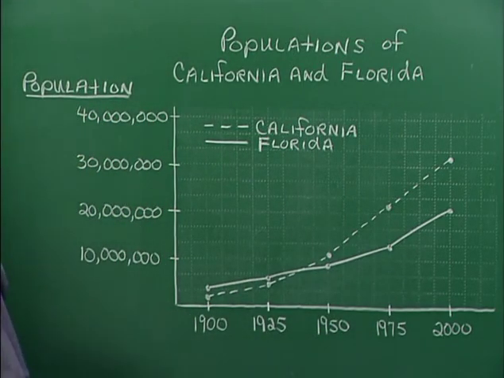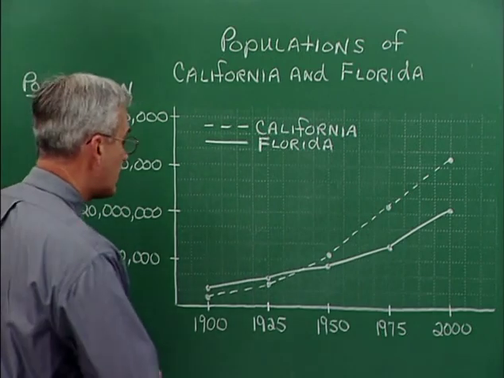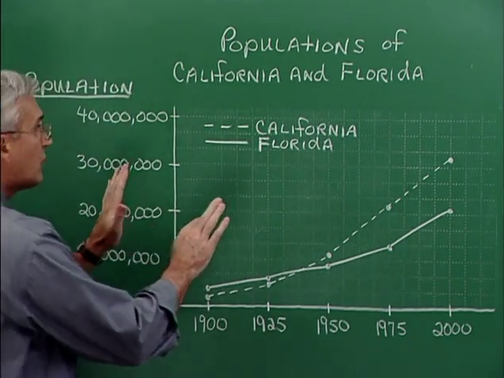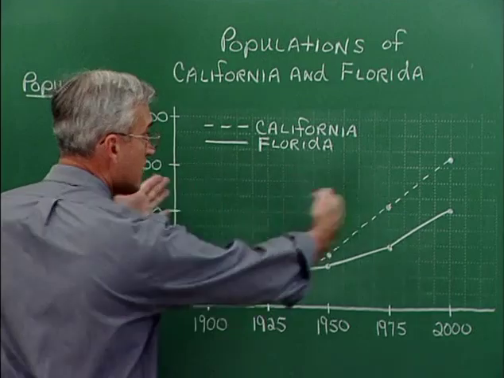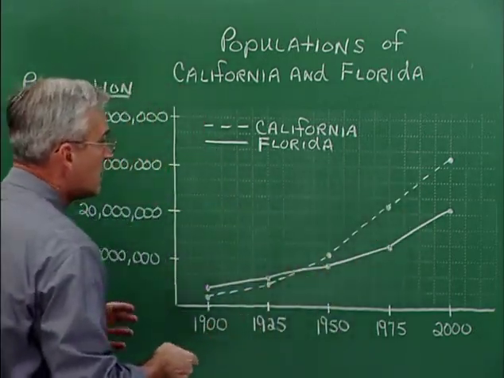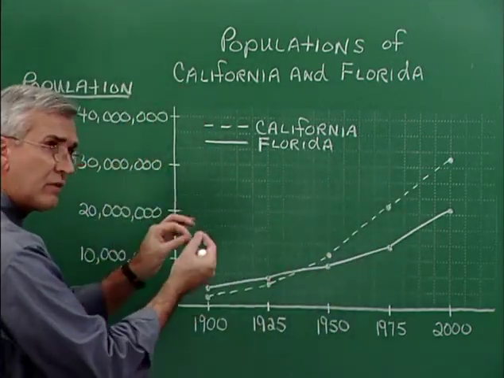What we're noticing is that the population in both states is increasing, but when putting two graphs like this on the same coordinate plane, the same display, we can tell the difference between the two.